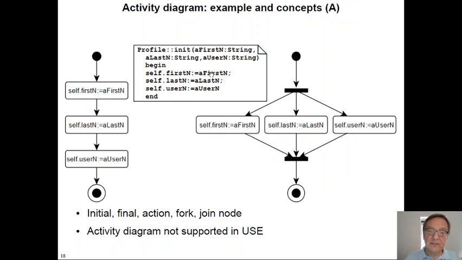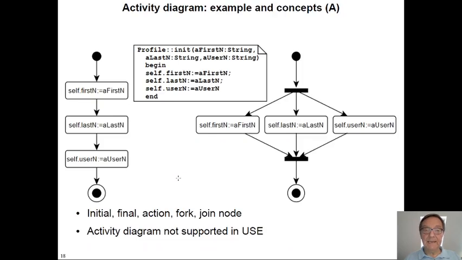And the fact that these assignments can be done in any order is reflected in this activity diagram. We have the same action nodes here, but the order is different. So this activity diagram may be implemented like this here, or it may be implemented in exactly the opposite order.